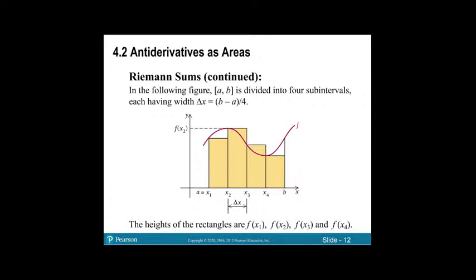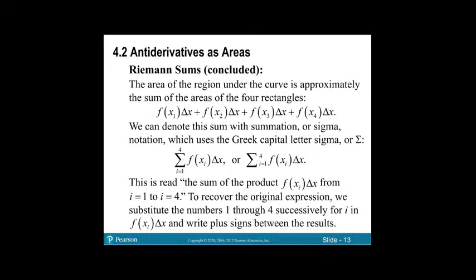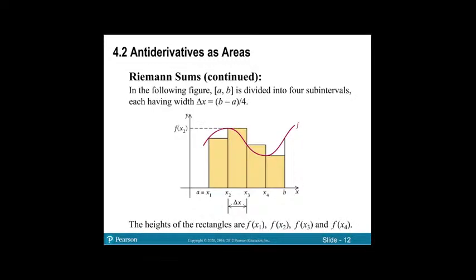Okay, so then the area of the region under the curve is approximately the sum of the areas of the 4 rectangles, right? So if we want the area under this curve as x goes from A to B, we can use these rectangles to approximate the area. It's not going to be exact because you have gaps, right? There's a gap there, there's a little bit more there, less there, right?